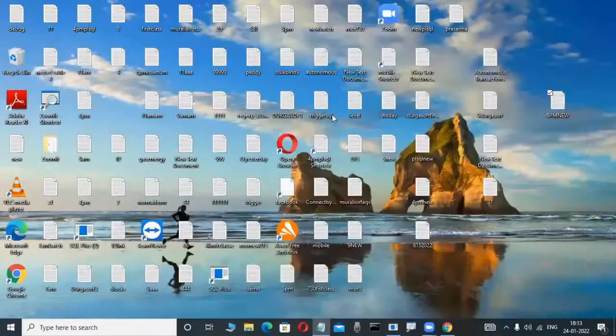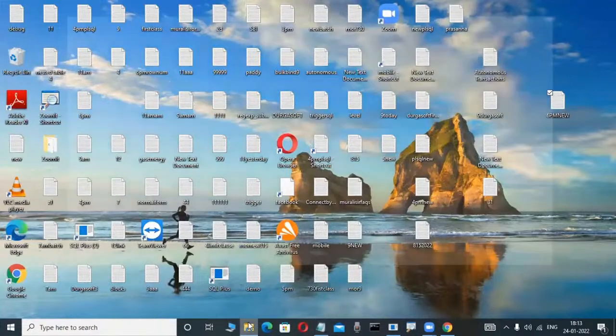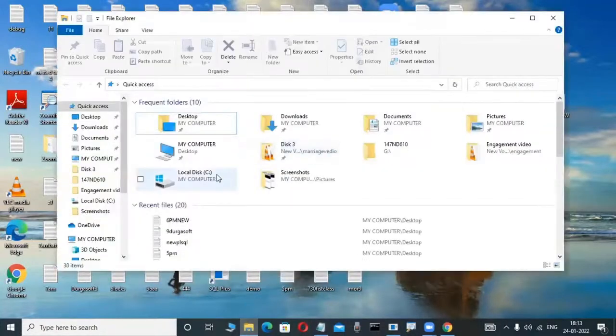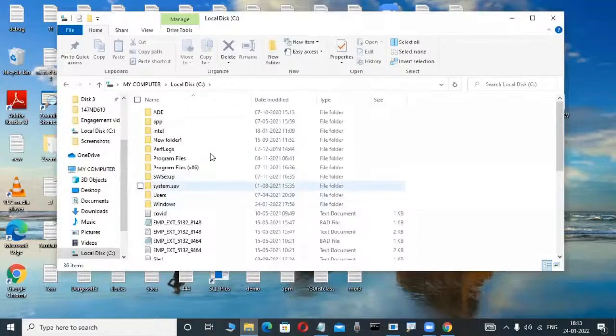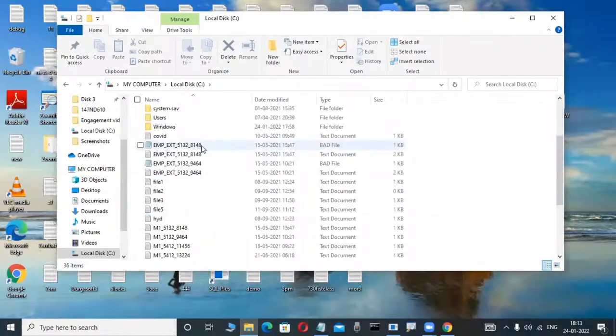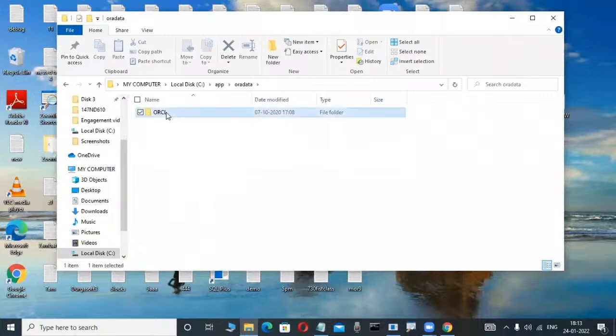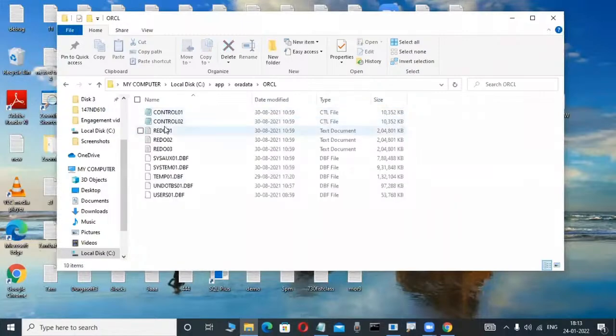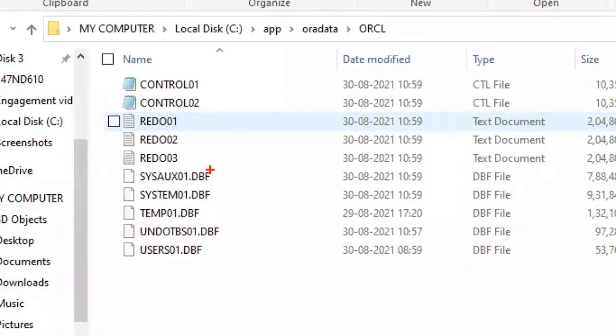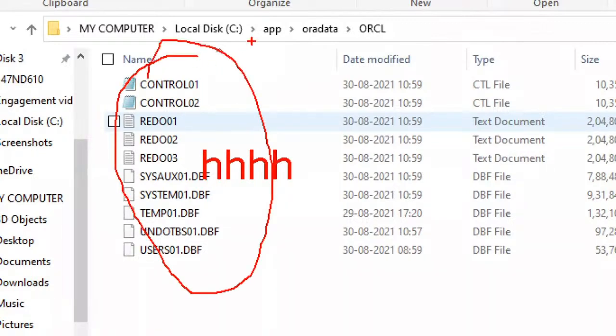I am installing Oracle, in the C drive or somewhere; how to install Oracle we will learn in the next classes. Whatever table I create, that is not visible in the C drive or D drive.